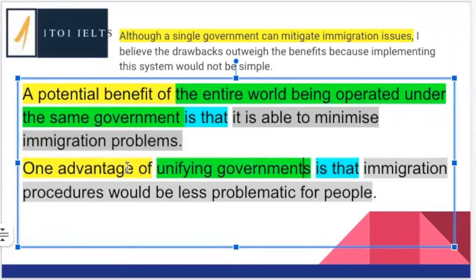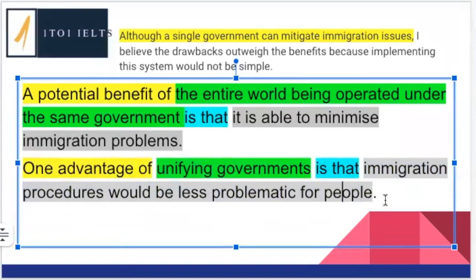So now we've got this nice structure, the yellow, green, blue, gray. So we've got the 4-part and very, very clear, grammar works. Okay. So the ideas were absolutely fine, but just try and follow this structure like this. Here we start off with the signposting. What is it signposting? Joining words, main idea.